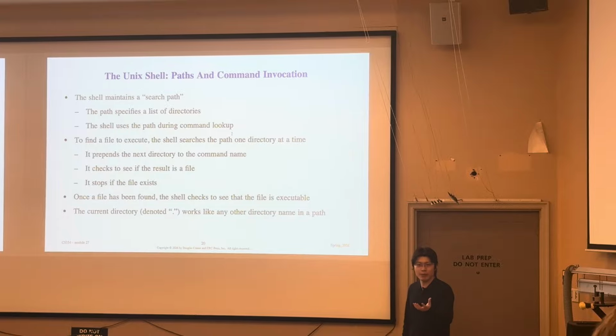I think probably people have done that. Right? So you add some path to your path environment variable. And that is because the shell will search for files in the directories that are specified by the path variable, by default.